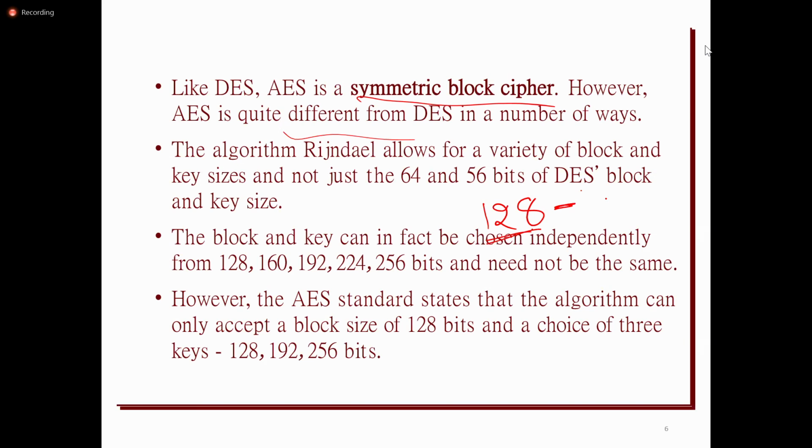The key size can vary: one algorithm can use a 128-bit key, and AES can also use 160-bit, 192-bit, 224-bit or 256-bit keys. In DES the key size is fixed at 56 bits and the plain text is fixed at 64 bits.